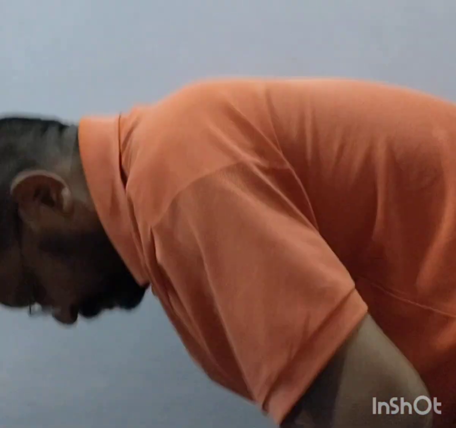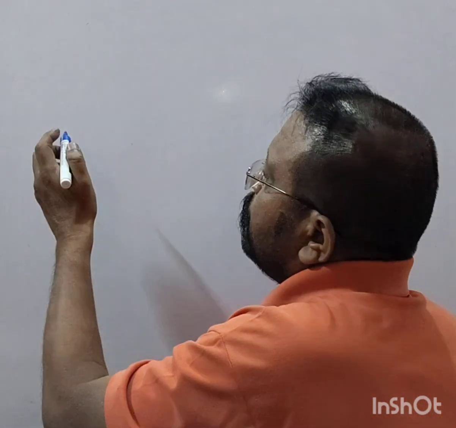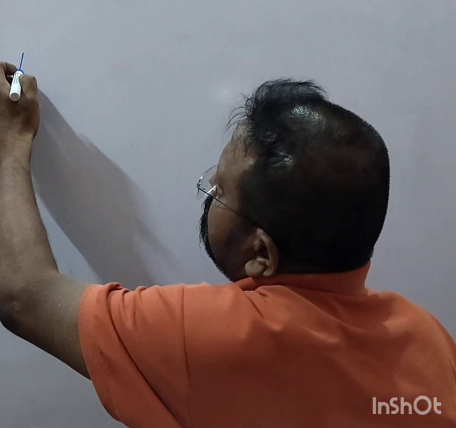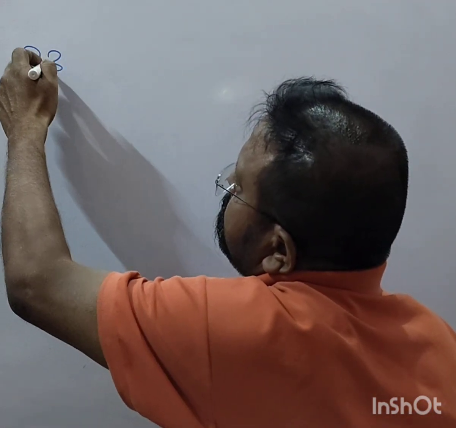Now come to the next question. Which question were we doing? Sir, 33 we have done. So which one do we have to do? Question number 32. What is that?